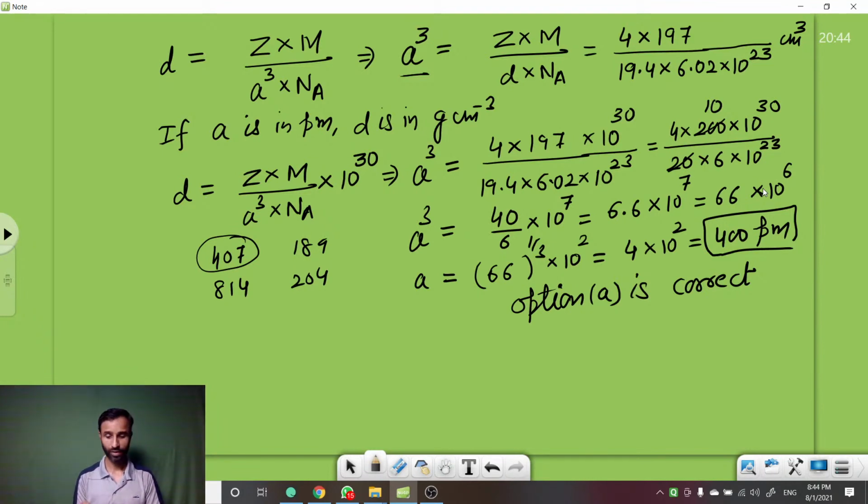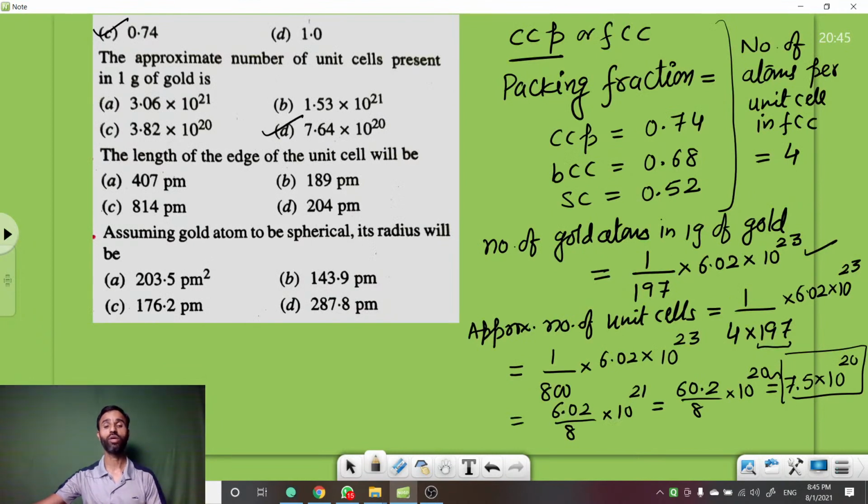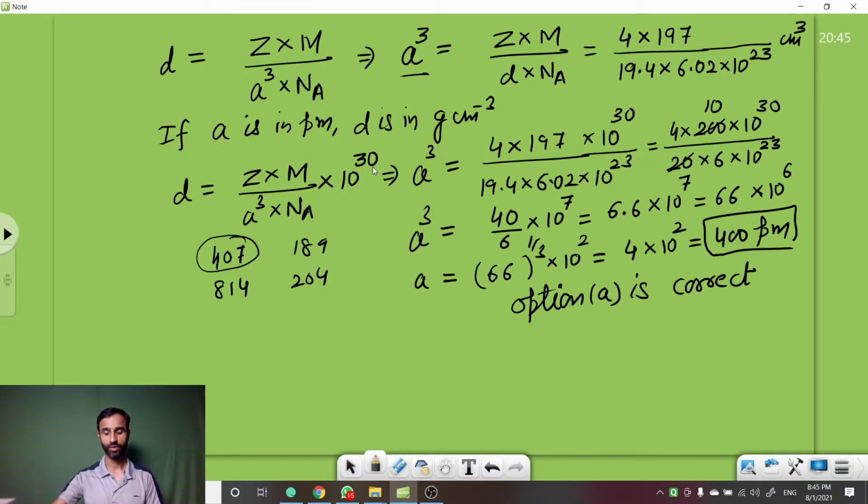Got it? Okay, so the next part is assuming the gold atom to be spherical, so its radius will be, see, edge length we have calculated, it is 407 picometer.